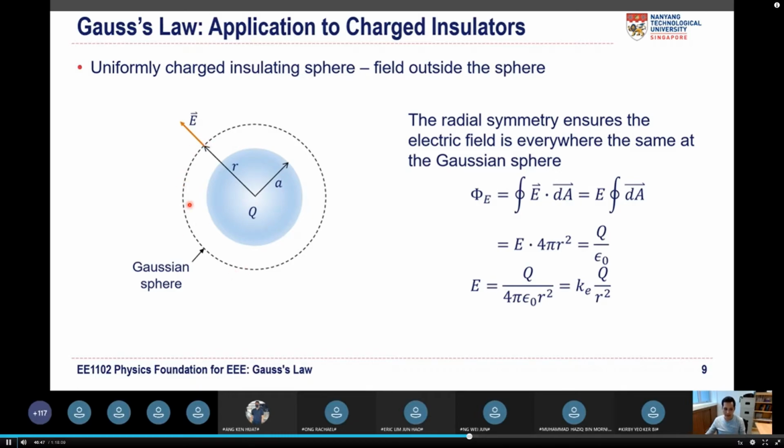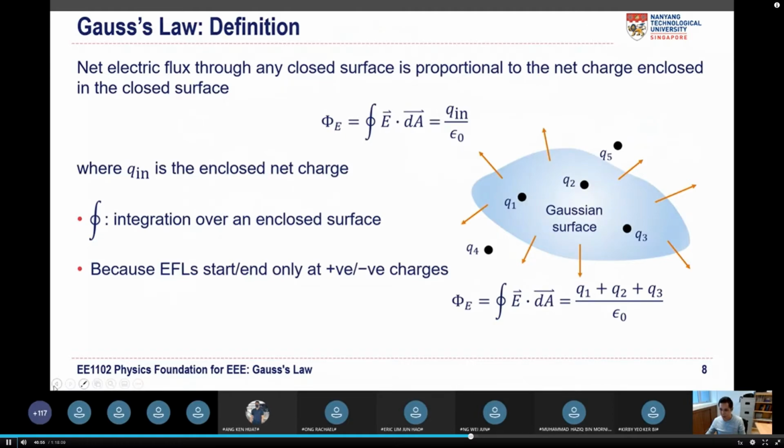We can create a Gaussian sphere. Remember, when we were defining it, I said it doesn't have to be a sphere or a cube. It can be any closed surface.